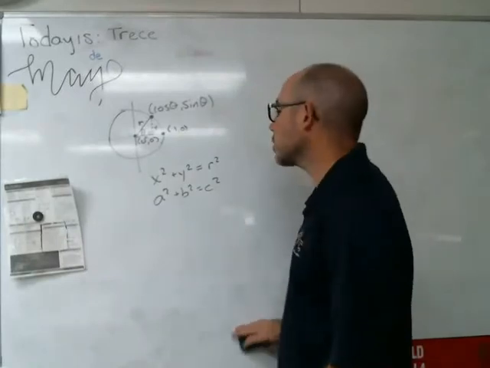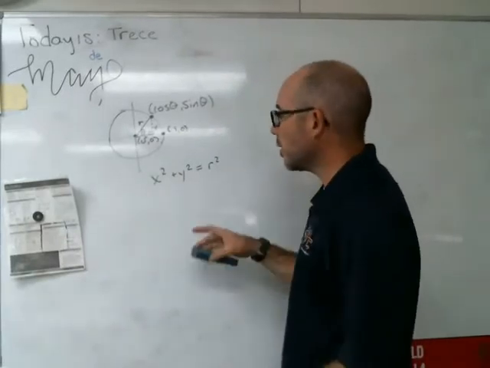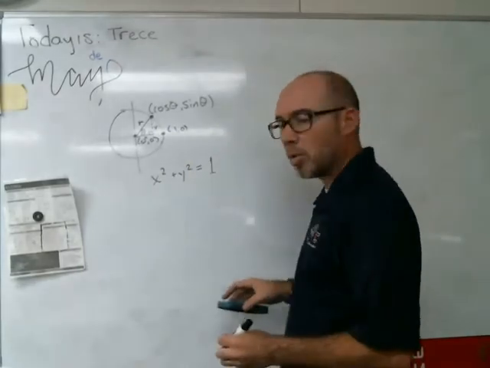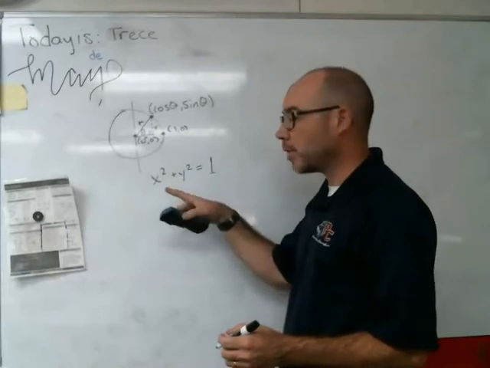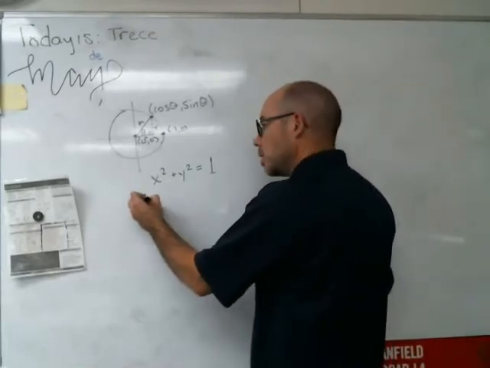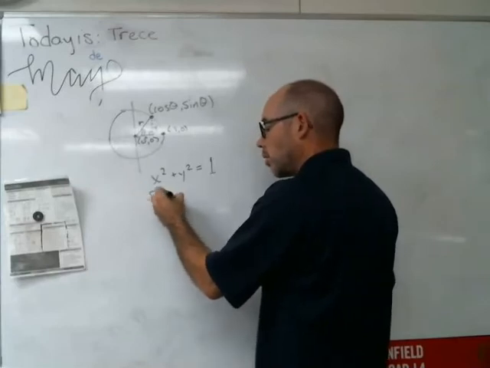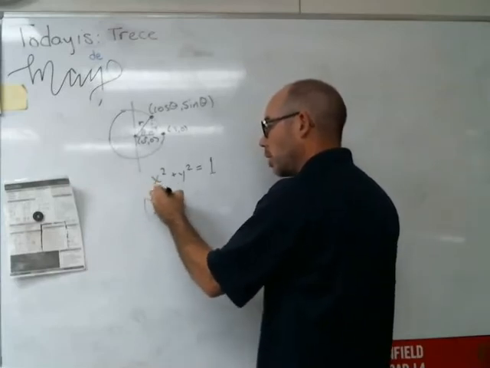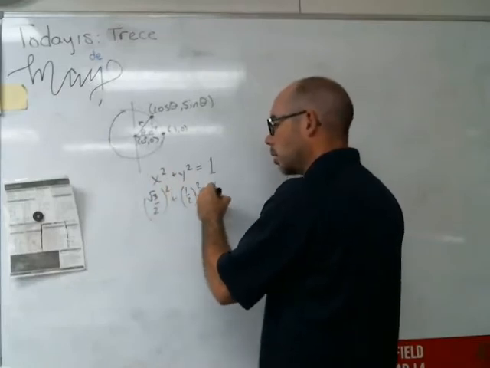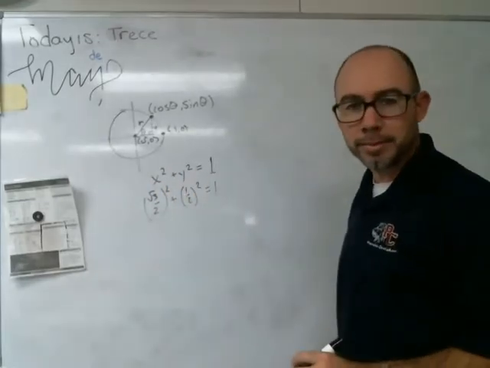Now, the cool thing was if we were doing this with a circle, the radius was 1, and 1 squared is just 1. So whatever the values were, let's say at 30 degrees, square root of 3 over 2 squared and 1/2 squared should equal 1.